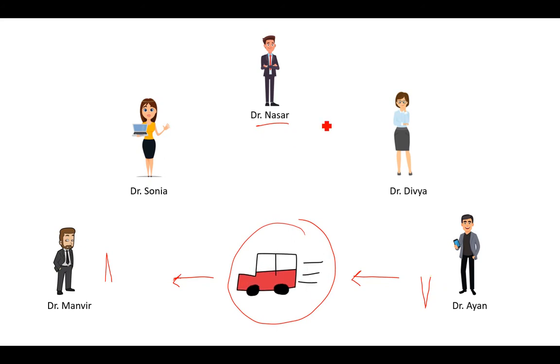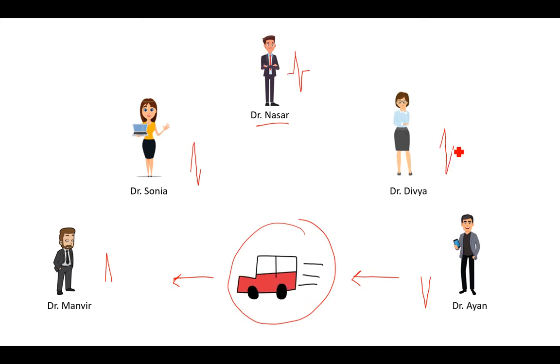And for Dr. Nasser, the car is neither coming to him nor moving away from him. So Dr. Nasser will record some positive and some negative, 50% positive and 50% negative deflection. Dr. Sania will record more positive deflection than negative deflection, okay, and Dr. Divya will record less positive deflection and more negative deflection, right?